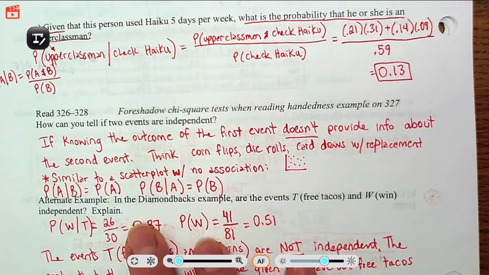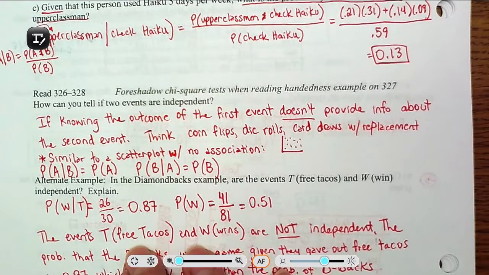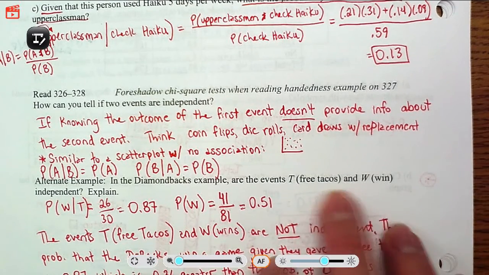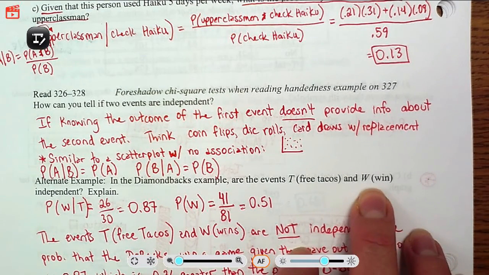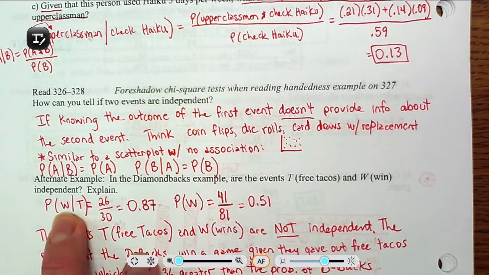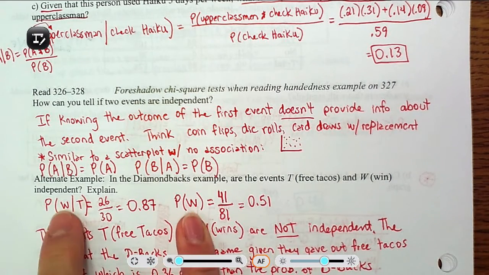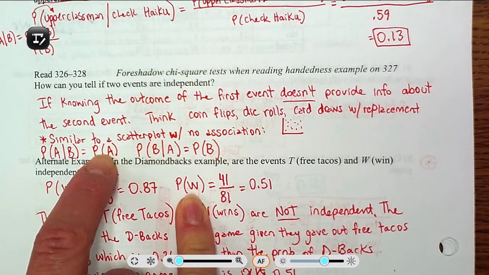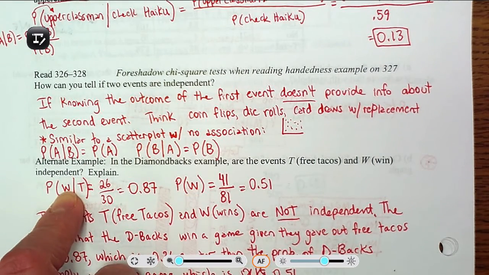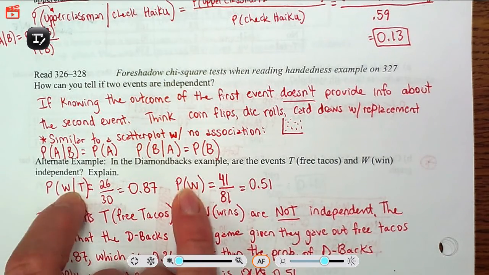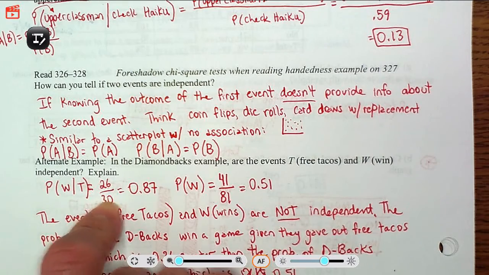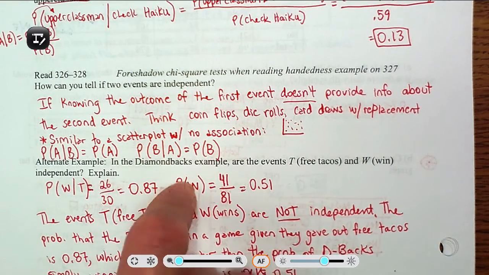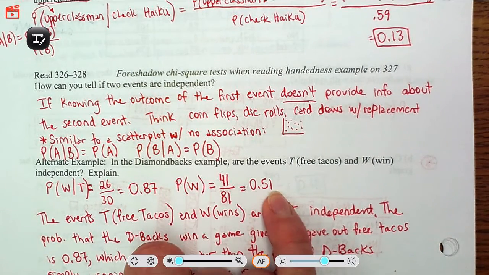In the Diamondbacks example, there are events T, which is free tacos, and W, which is win. Are they independent? Okay, so is the probability of win given tacos equal to the probability of win? Is the probability of A given B equal to the probability of A? So let's check out win given tacos, and then let's check out win. Win given tacos was 26 out of 30, which is 0.87, but the probability of win is 0.51.